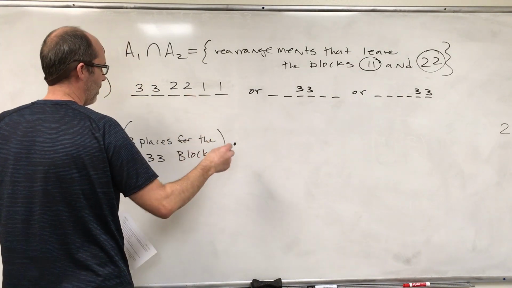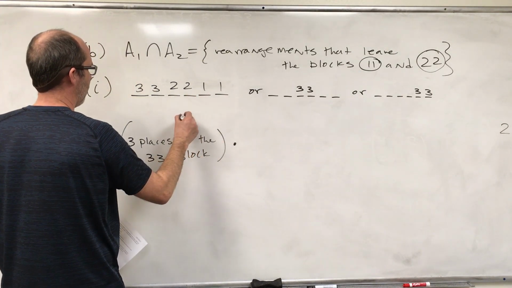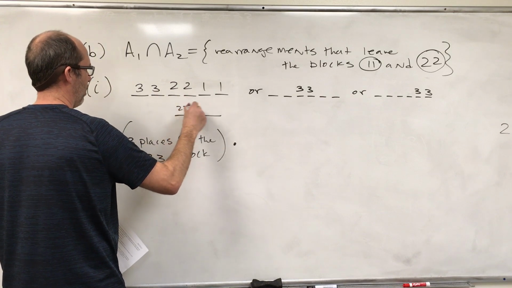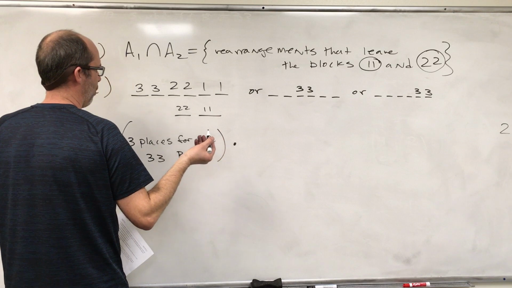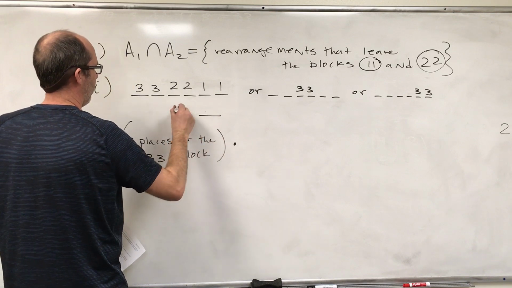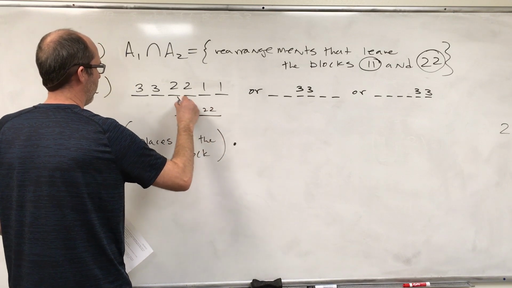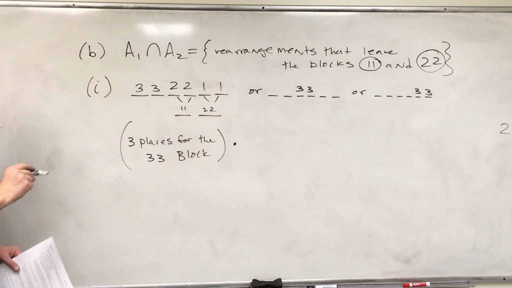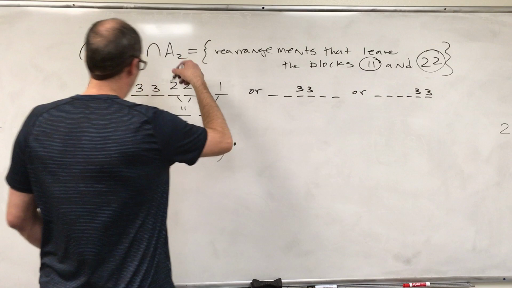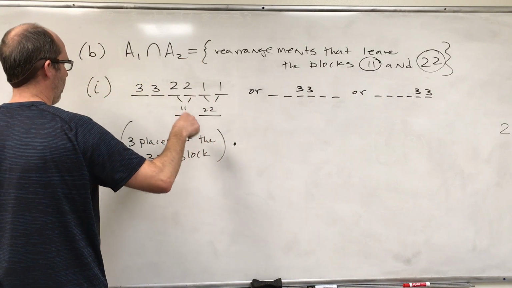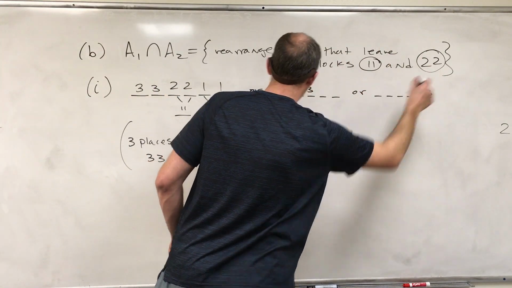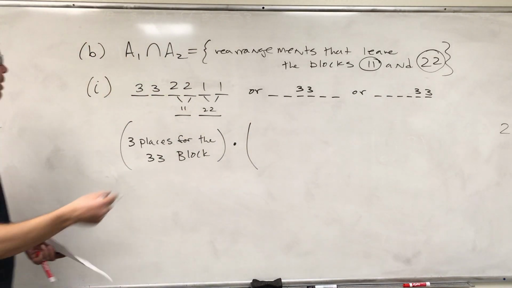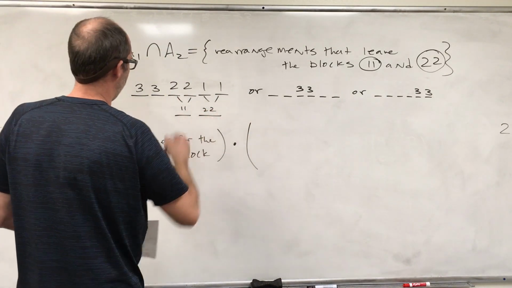So this reduces down to 2 positions, the 2, 2s and then the 1, 1s, or the 1, 1s and the 2, 2s. You can think of those as collapsing down into just 2 positions. Once you choose one of the 3 places for the 3, 3 block to go, 1, 2, or 3, you multiply that by 2 symbols and 2 positions.